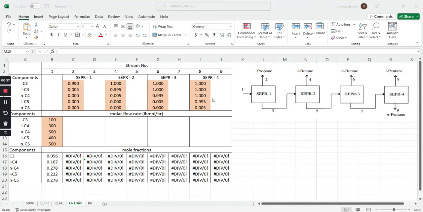To solve this problem, we will solve the first separator exactly like was shown previously, which I will do now.